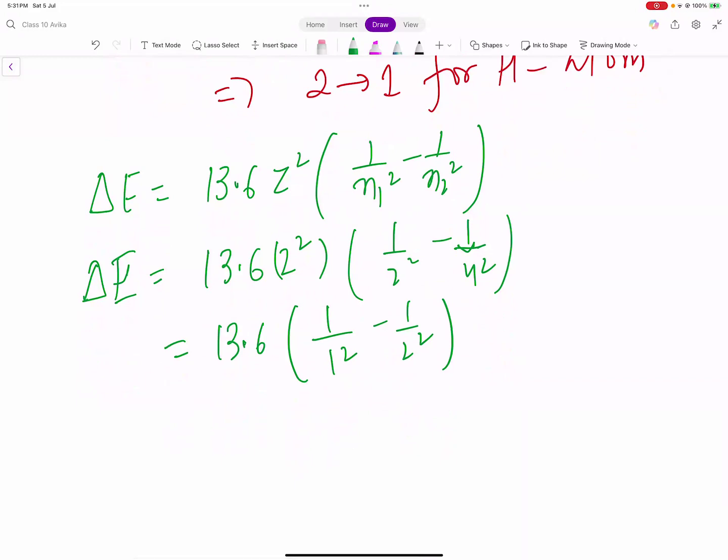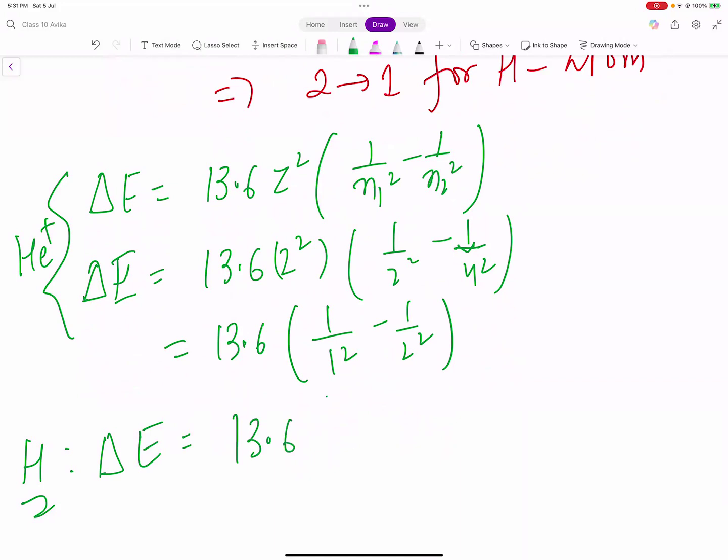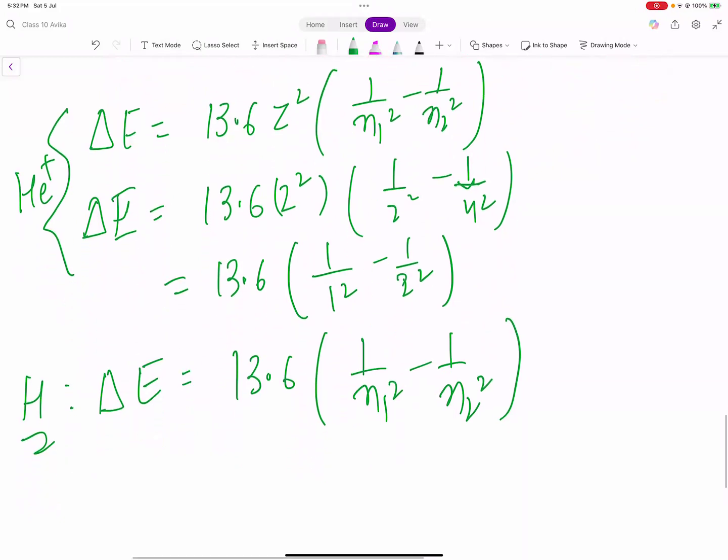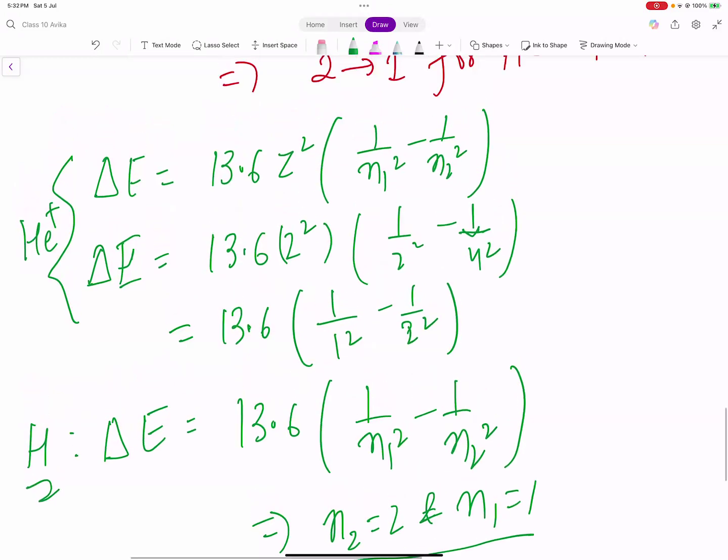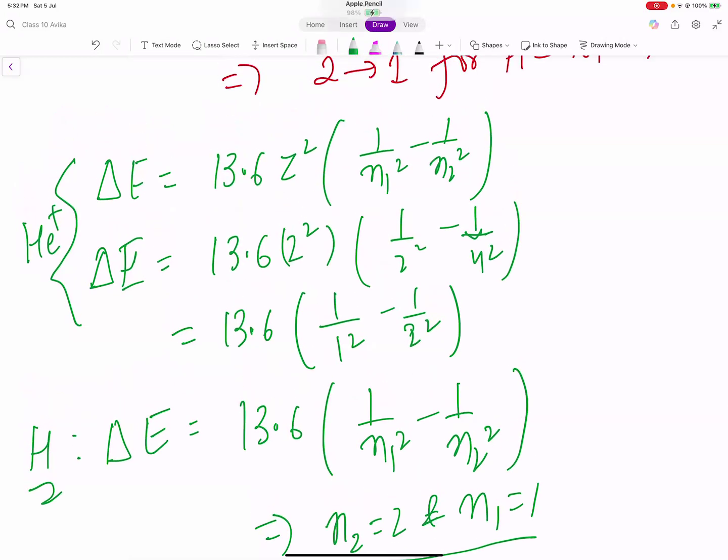This is for helium plus. Now for hydrogen, we don't know the levels, but the energy difference should be 1 by N1 square minus 1 by N2 square. The energy should be same because the wavelength is same. So again, we are getting the same result, right? So that is how it is.